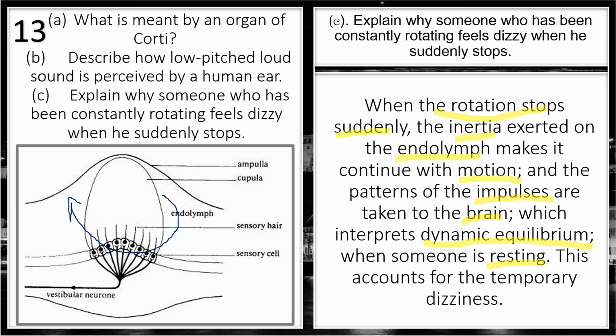Yet the head has stopped. Because the head is stationary but the endolymph is still continuing in that direction, the brain is going to interpret dynamic equilibrium even though someone is resting.